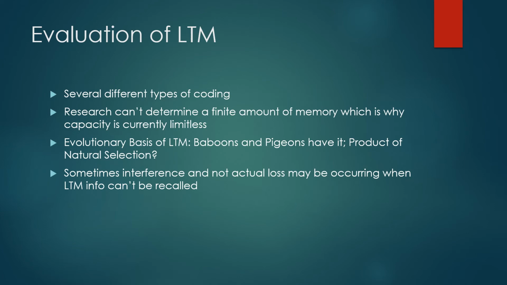And then there is a possible evolutionary basis for long-term memory because certain animals have been shown to have it, and maybe a product of natural selection. Those who are most equipped to continue to survive may need longer stores of long-term memory storage.